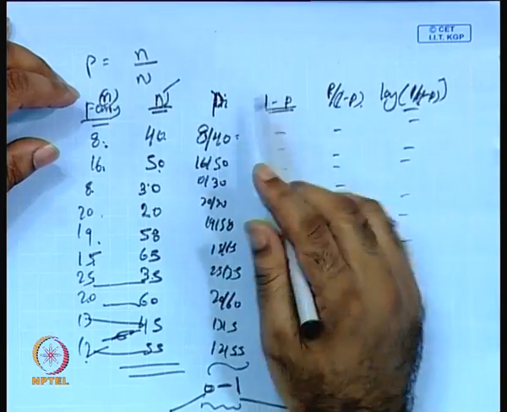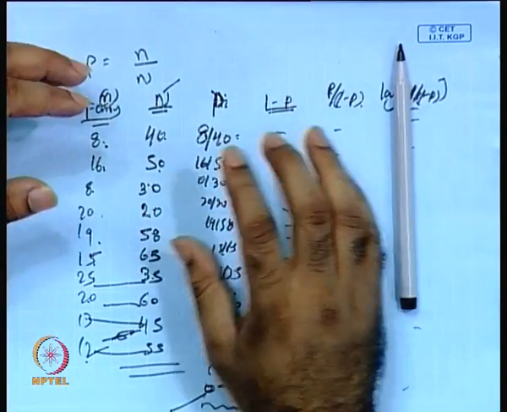Here the structure is that we ask 40 respondents. The moment you ask the 40 respondents, 8 families respond that they have a house, and the rest, 32 families, do not have any house.